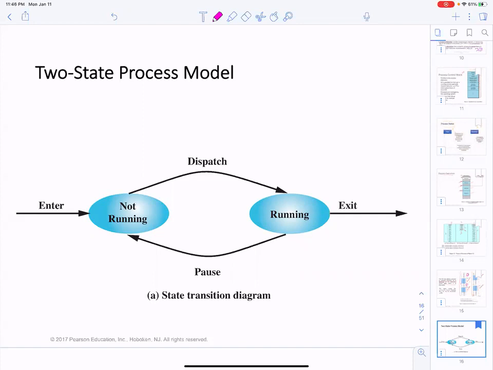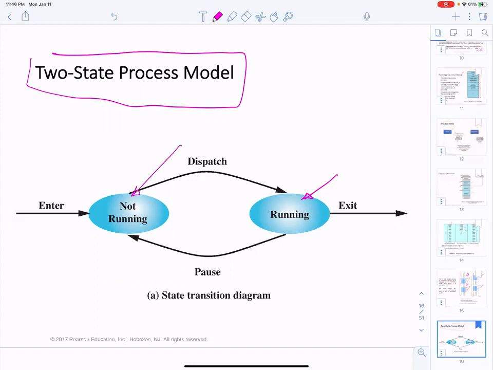The simple model, we call it a two-state process model. We could observe at any time that a process is either being executed by the processor, so we refer to it as being in a running state, or the process is not in a running state.